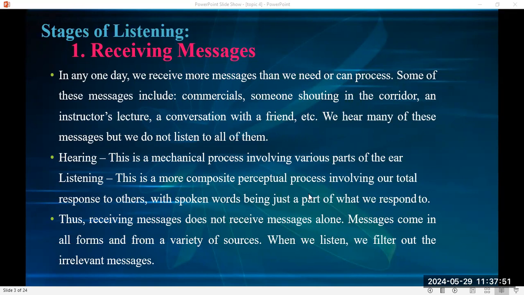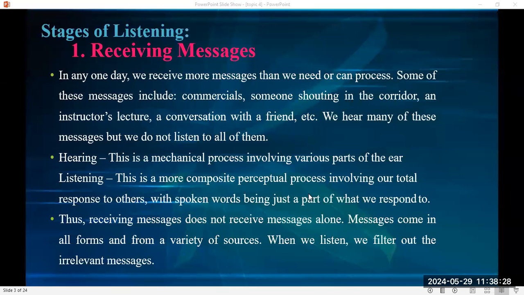Messages come in all forms from a variety of sources. For example, when we listen, we filter out irrelevant messages. Maybe you woke up early in the morning along the corridor, or when you are about to get out and go to work or to school, you are able to listen to certain music that was being played nearby by your neighbor.